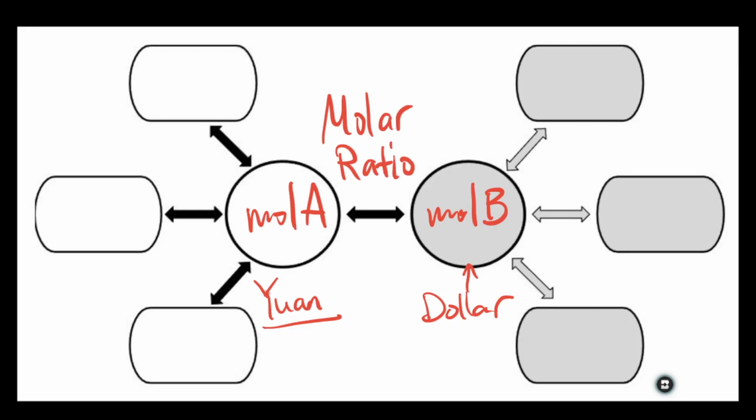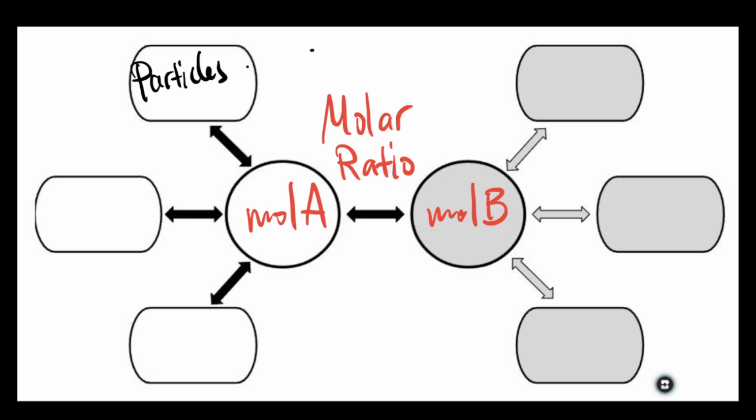Okay, molar ratio is basically the coefficients that we just did in front of a balanced chemical equation. Next one, within each mole, there's also specifications for different stuff. So right here we can have particles.